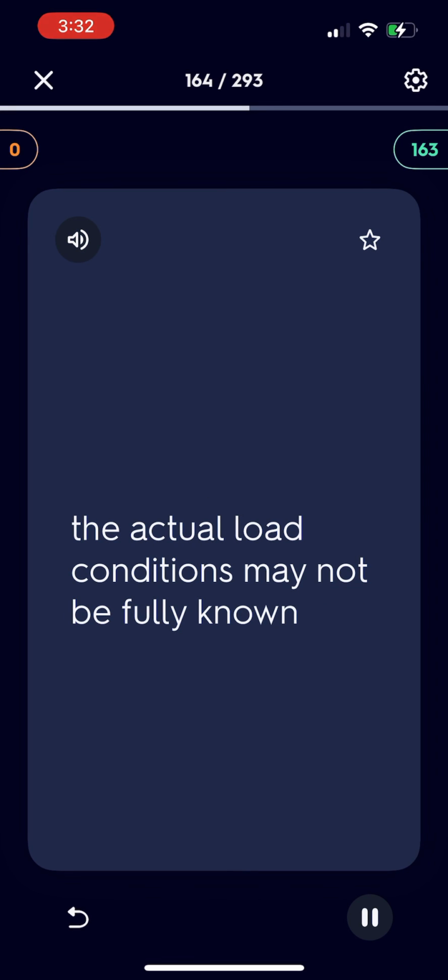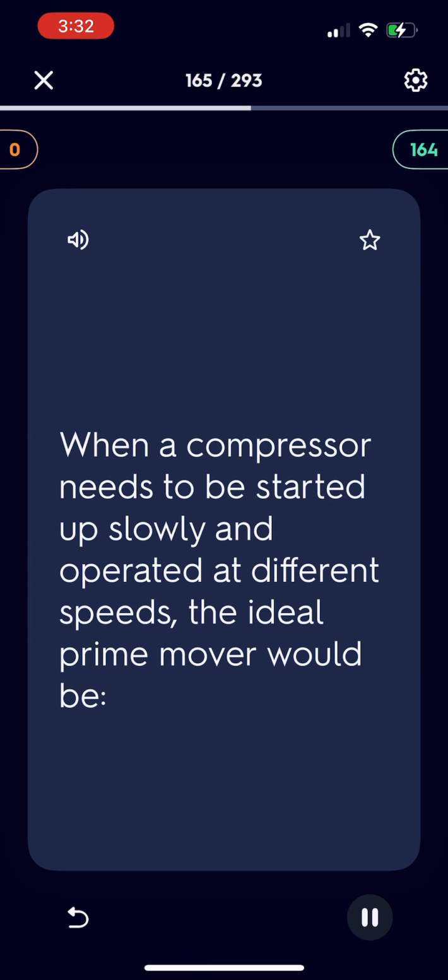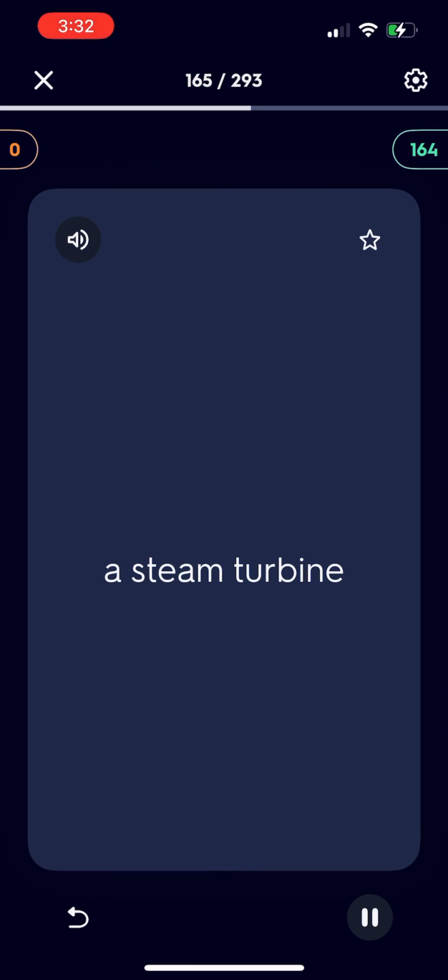The actual load conditions may not be fully known. When a compressor needs to be started up slowly and operated at different speeds, the ideal prime mover would be a steam turbine.